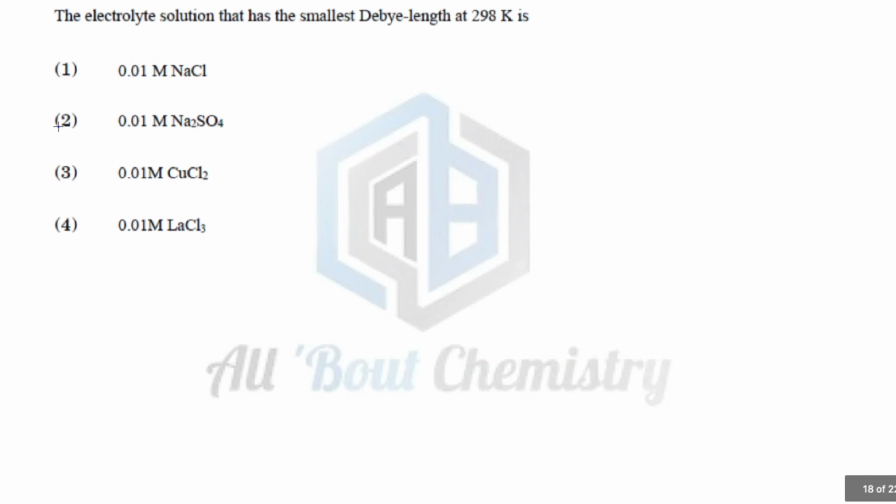The next question is asked on the Debye length, and the question asks for the electrolytic solution with the smallest Debye length at 298 Kelvin. So let's try to do this question. What is the Debye length actually?